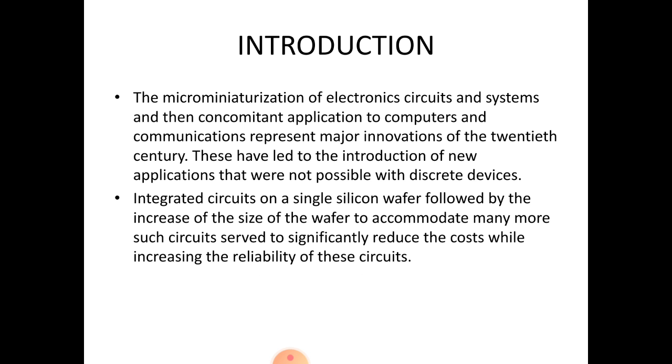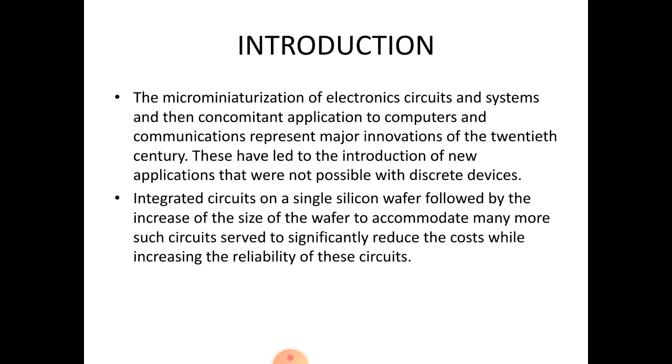Before that, we should know what is meant by conductor, insulator, semiconductor. These topics we already studied in the electron devices paper. So what is the operation of a conductor? A conductor conducts the current. The examples for conductor are aluminium and copper.